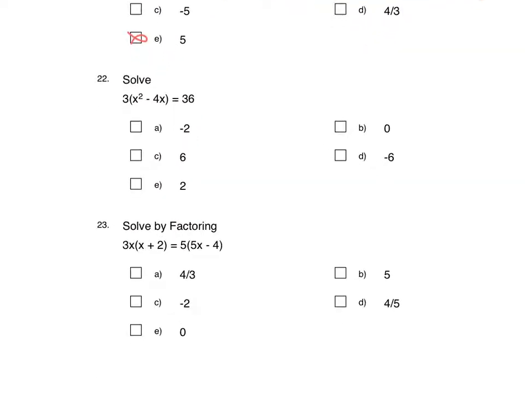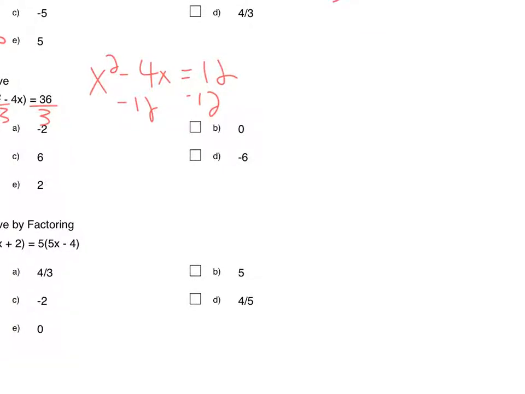Now 22, a couple ways you can go about doing this one. You can, one, divide the whole thing by 3. And then you get x squared minus 4x equals 12. And then from here we would subtract the 12 over. And you get x squared minus 4x minus 12 equals 0.